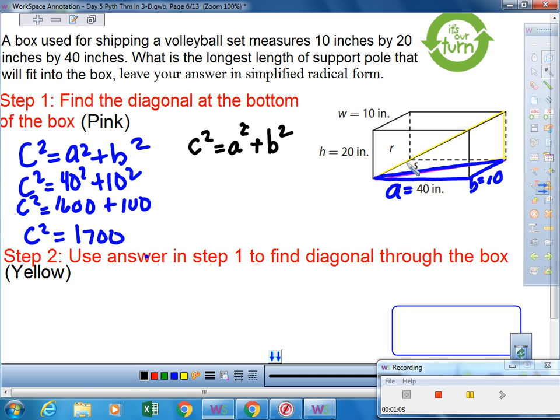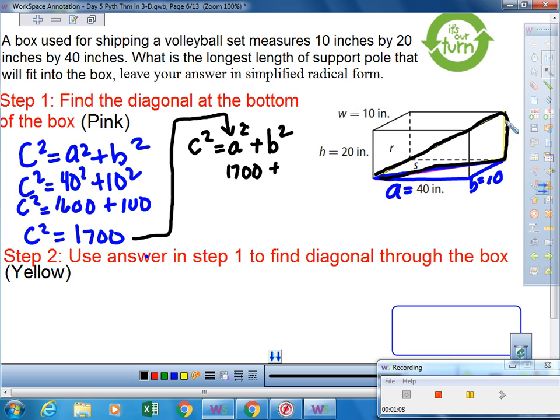Now we're going to find this other diagonal. But what does side S now become to this triangle right here? What does side S become? Like side A or B? So all I'm going to do is take my 1700 and substitute it in for a squared. This number is already squared, so do not put a squared sign there. It's already squared because that's c squared.